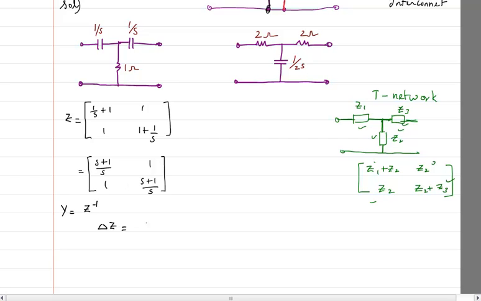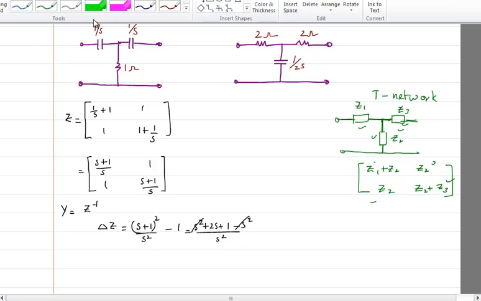Delta z will be (s plus 1) square divided by s square minus 1, which comes out to be (s square plus 2s plus 1 minus s square) divided by s square, where these two will cancel off. So I will have delta z as (2s plus 1) by s square.